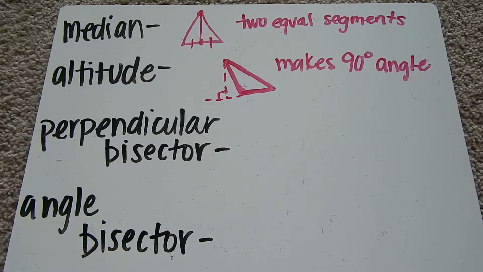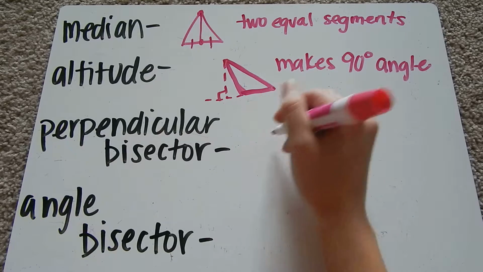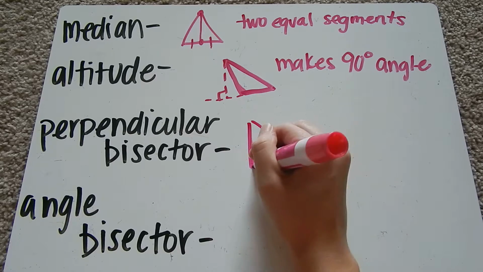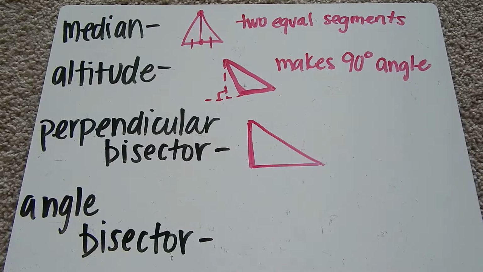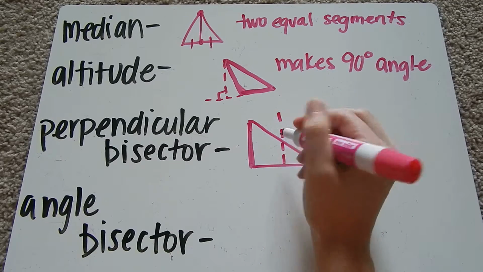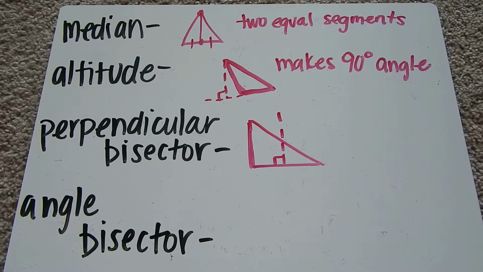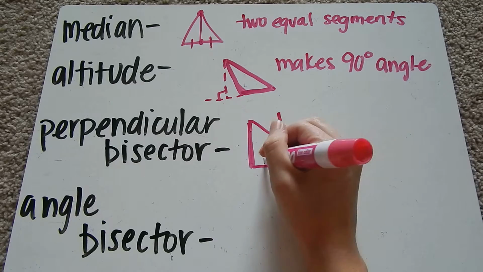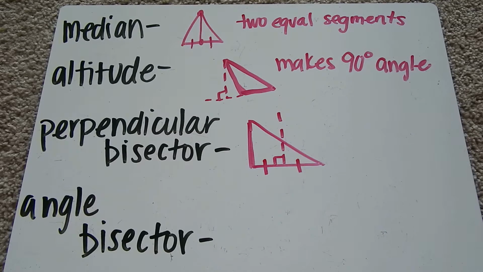Then for a perpendicular bisector, if I draw a triangle, this is going to be a line that is perpendicular to a side. So if I choose this side, it's going to be both perpendicular, so it's going to form a 90-degree angle, as well as split into two equal segments.